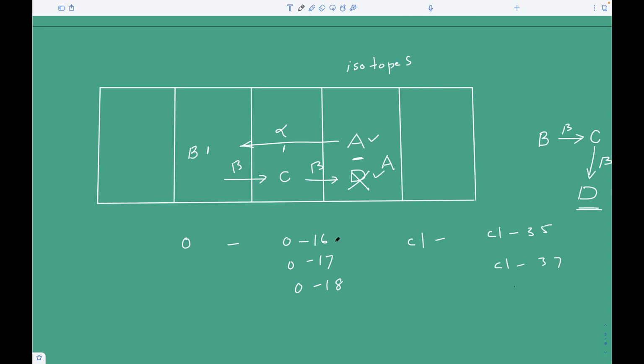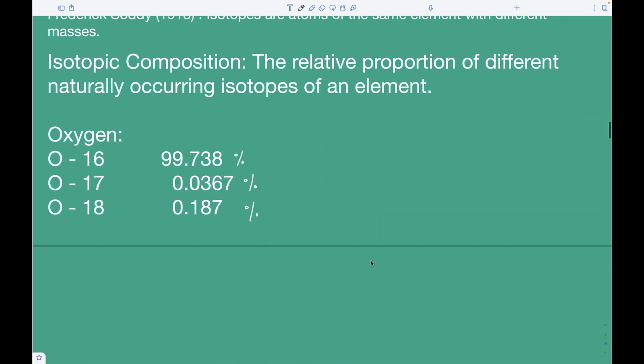Now, the relative abundance of different naturally occurring isotopes of an element is called its isotopic composition. For example, if you take a sample of oxygen consisting of a large number of oxygen atoms or oxygen molecules, it contains all these three naturally occurring isotopes of oxygen in these proportions.